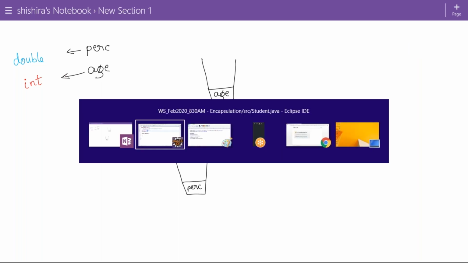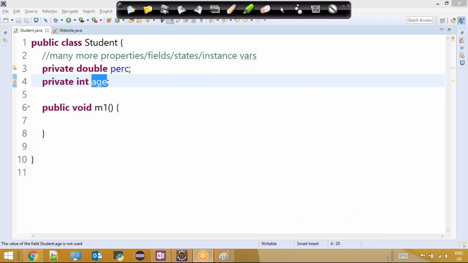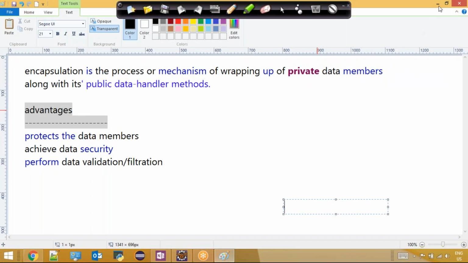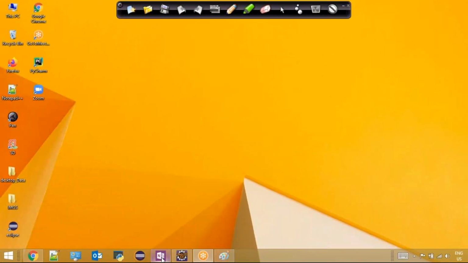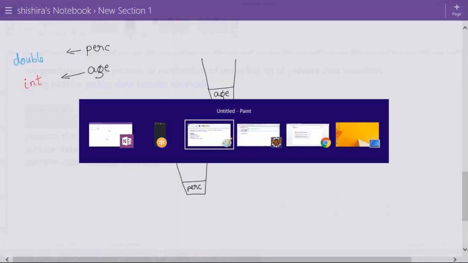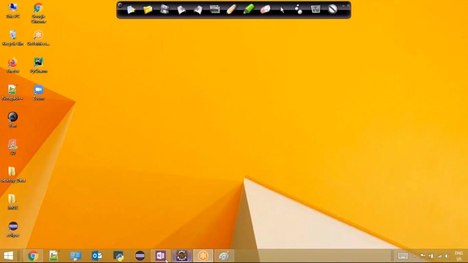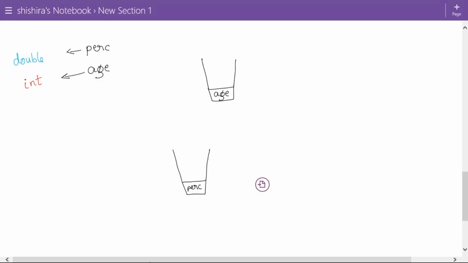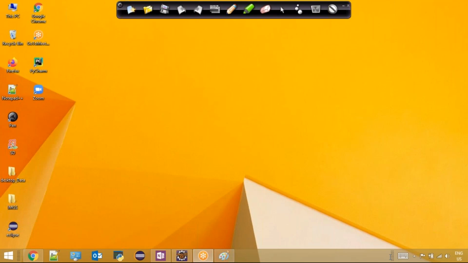What are the two things that you can do with any variable? If you can message me, that's really wonderful. Yes, to store the data.